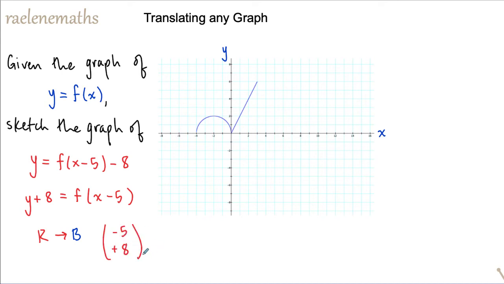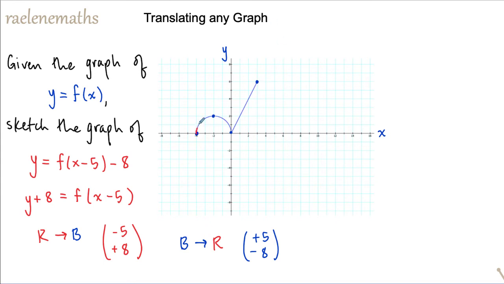But of course I don't have the red graph, I have the blue graph. So my blue to red translation vector is going to be the opposite of those components. It's going to be 5 to the right and 8 down. So I'm going to take every point on the blue graph 5 spaces to the right and 8 down.